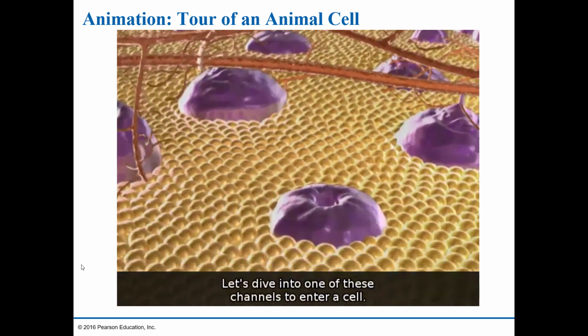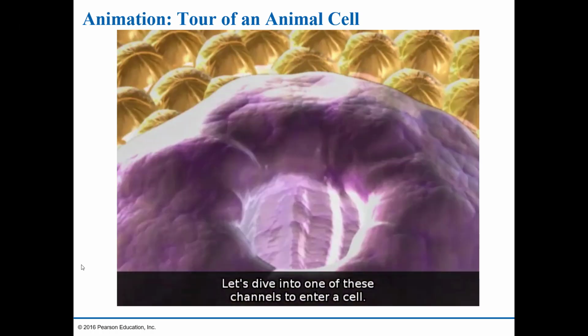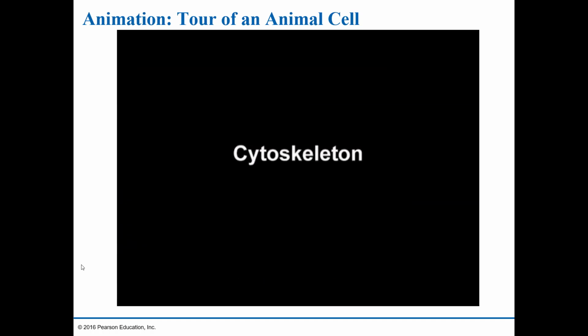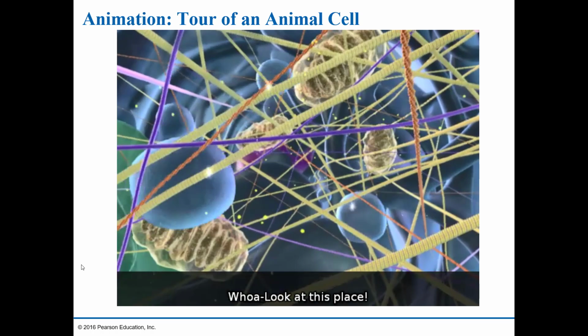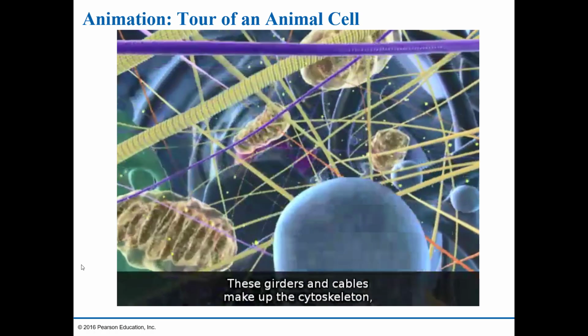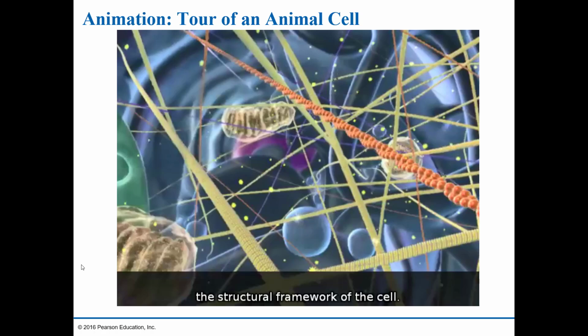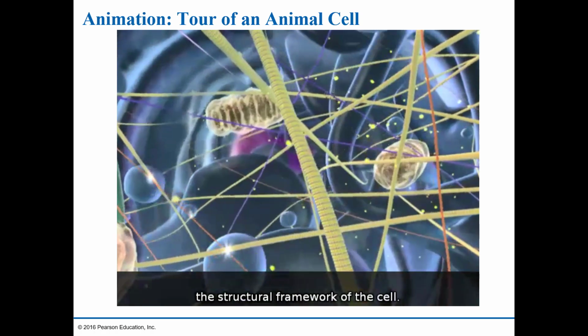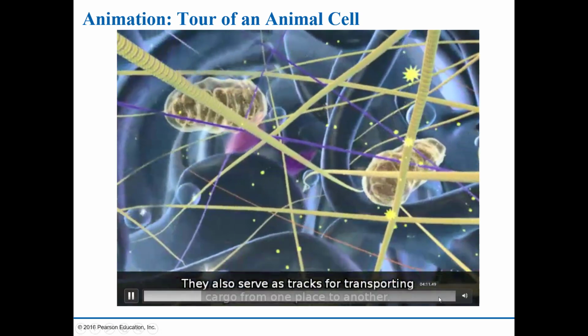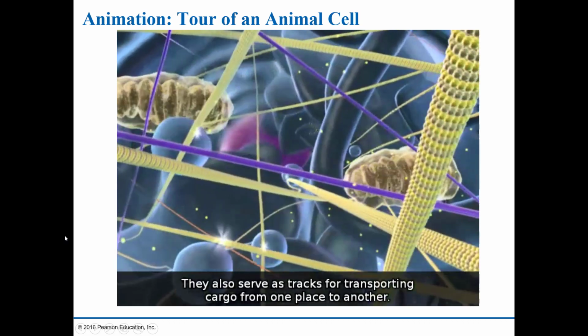Let's dive into one of these channels to enter a cell. Whoa, look at this place. These girders and cables make up the cytoskeleton, the structural framework of the cell. They also serve as tracks for transporting cargo from one place to another.